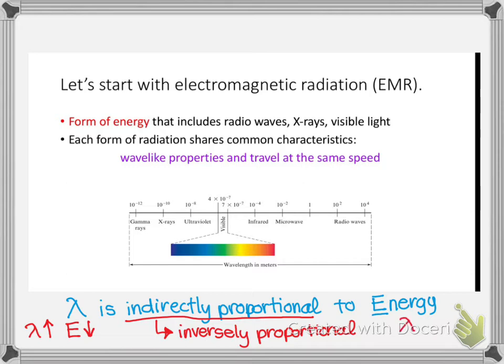If the wavelength goes down, the energy goes up. So they're inversely or indirectly proportional. So let me show you. If I were in class, I would use my arms, but if you look at the top of the screen, a short wavelength would look like this.